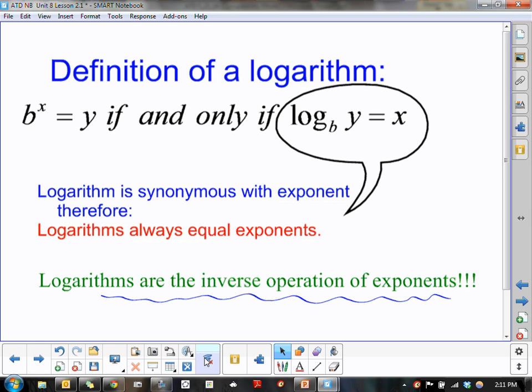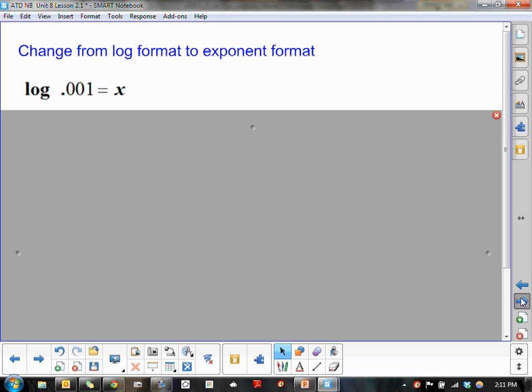Okay, so we've got to kind of push now a little bit. I need you to be cooperative, I need you to be engaged, I need you to write things down, I need you to go quickly. Here's some practice right away. I want you to change that from a log format into an exponential format, and I want you to commit it to paper so that you have to commit something. Not just let it roll around in your mind.